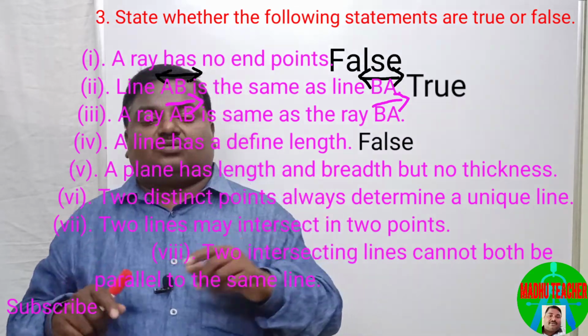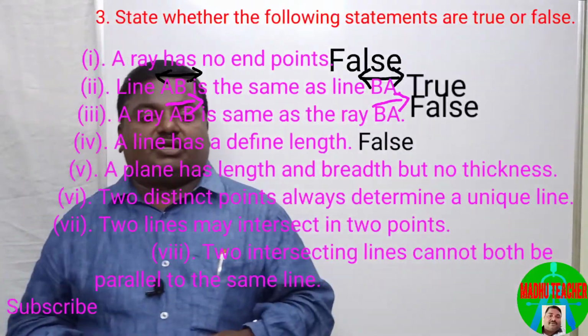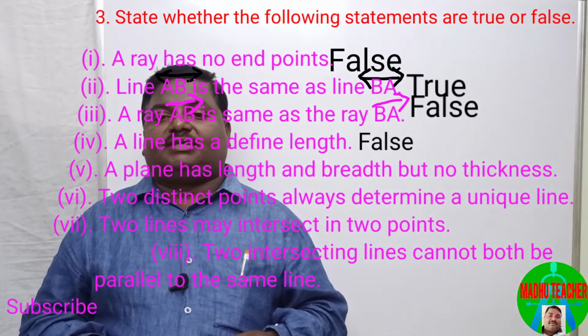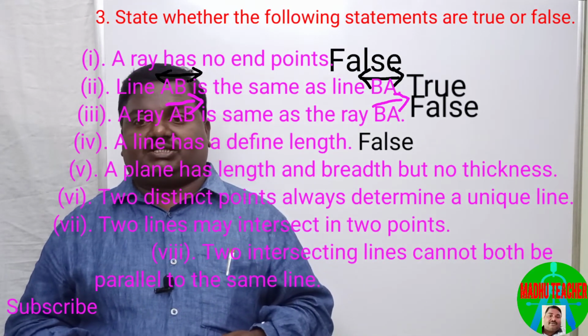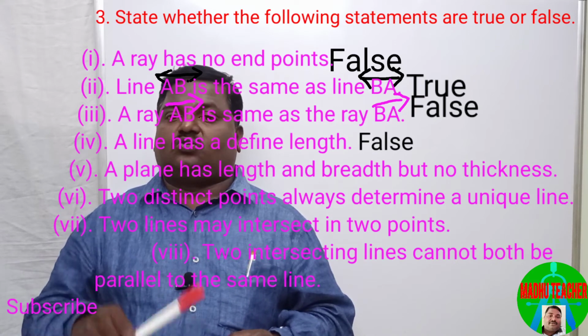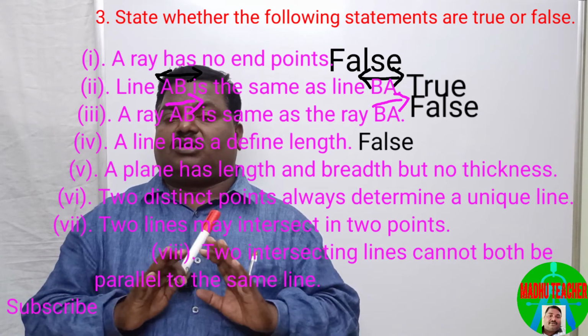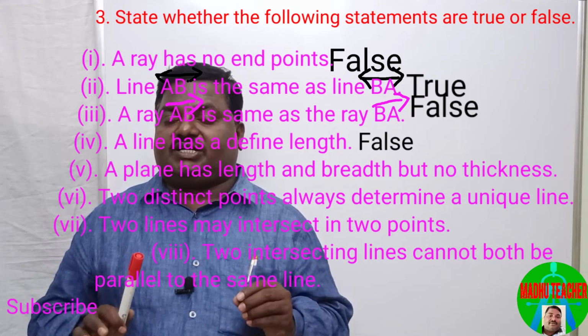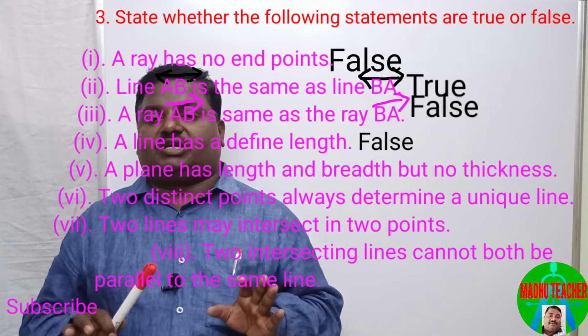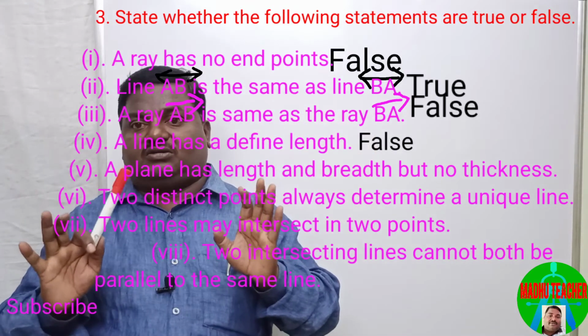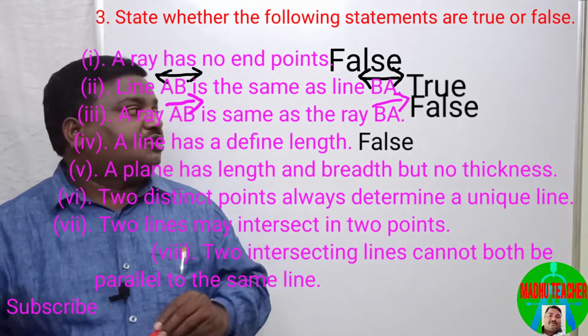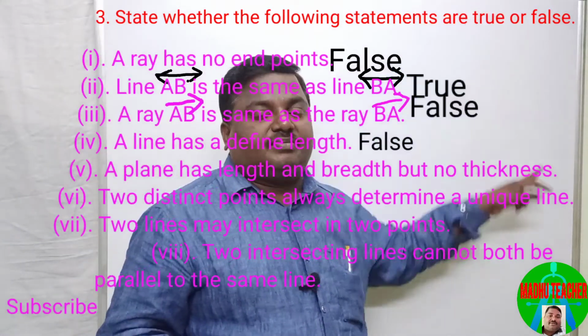So this is false. A plane has length, breadth and no thickness. Yes, a plane has only length and breadth but not thickness. If it has thickness, it is space, which means it is three-dimensional. So a plane has only length and breadth.